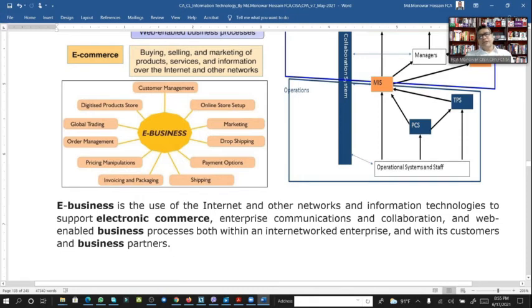E-business is the use of the internet and other network information technology to support electronic commerce, enterprise communication and collaboration, and web-enabled business processes both within an enterprise and with customers and business partners.